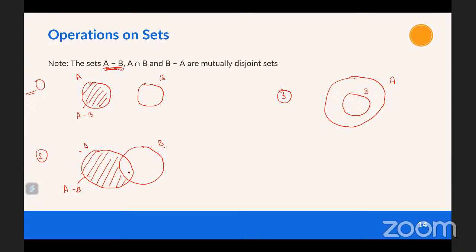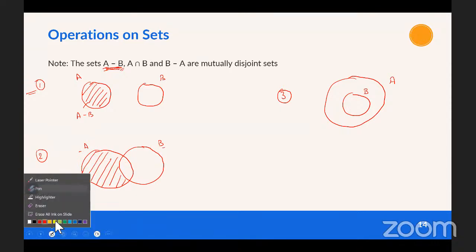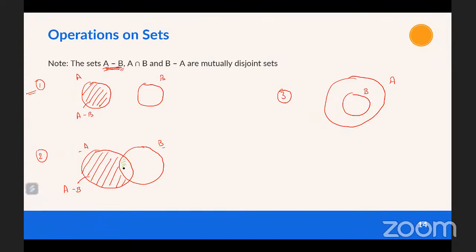So if we are removing this common area, we will get the set A minus B. In this case, the set A is this big circle, and from this set A, we are removing the elements of B. So the inside of B will be removed, and this will be the region which is A minus B. This is the region outside this circle B.